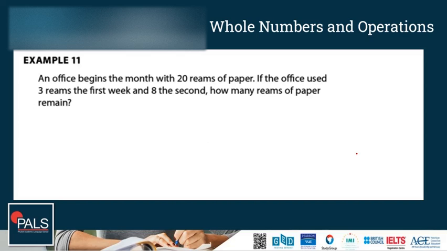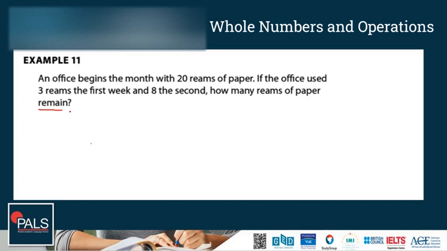Another example, example 11. An office begins the month with 20 reams of paper. If the office used 3 reams the first week and 8 the second, how many reams of paper remain? In this question, you are asked how many reams of paper remain after some are used. Every time a ream of paper is used, there is one less remaining.